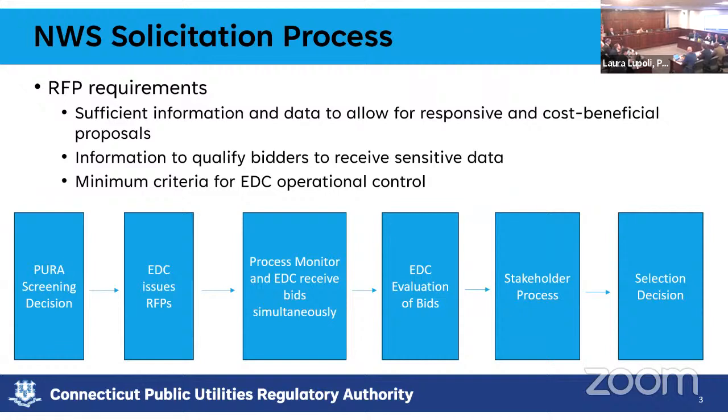And just to echo what's been said previously, in New York, as we all know, NYSEG, our sister company, has the Stillwater project, and in that project, it took us about 5 months to go through the RFP process.